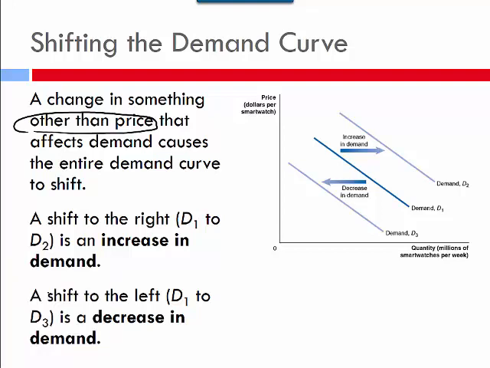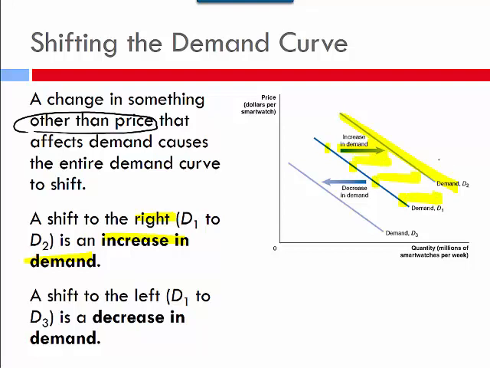So let's turn on our highlighter here. Okay, a shift to the right is an increase in demand. That's this one right here. So that means at every single price point, this is a price point, this is a price point, this is a price point, we have a higher quantity demanded.